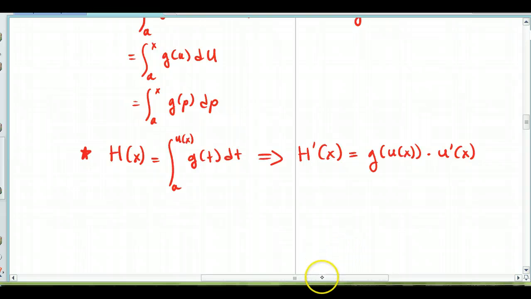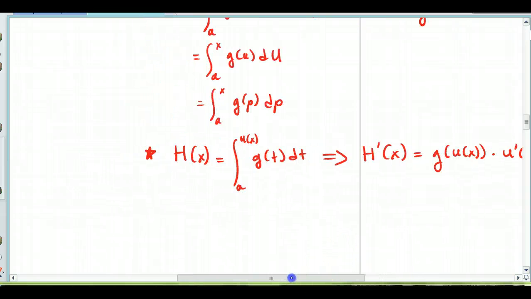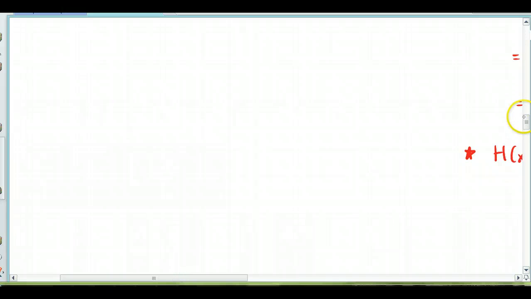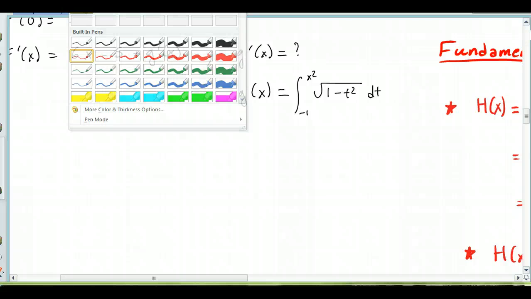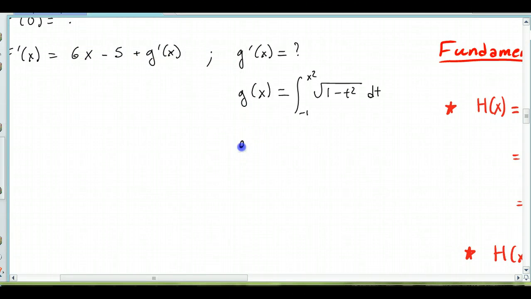All right, that's the formula I'm going to apply for the function we are looking at, which is right here. So let's see. So g prime of x. You see right here, this right here is my u of x. This right here is my g of t.